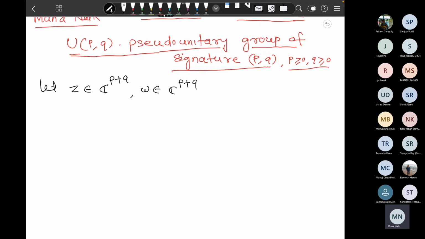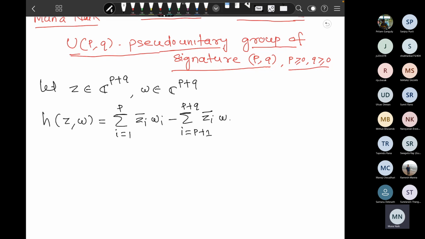I define H(Z, W) equal to the sum from i equals 1 to P of Z_i bar W_i, minus the sum from i equals P plus 1 to P plus Q of Z_i bar W_i. This H is a non-degenerate Hermitian form.